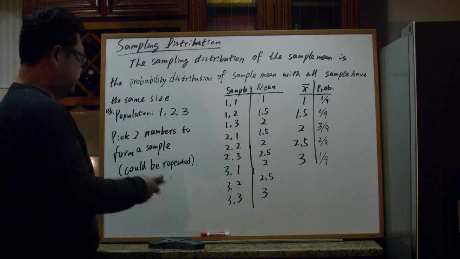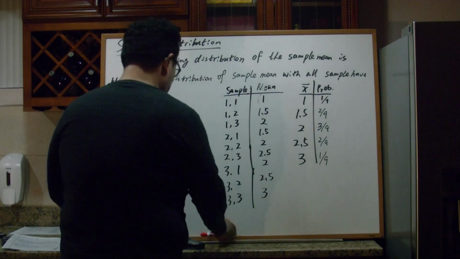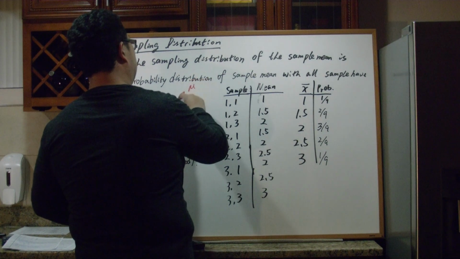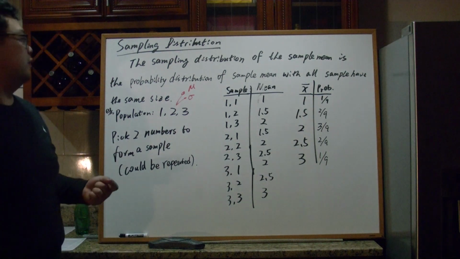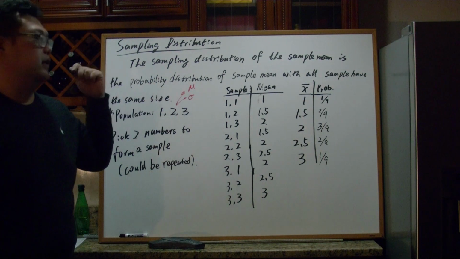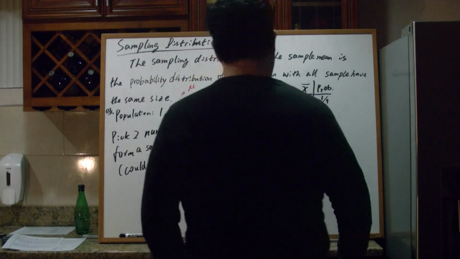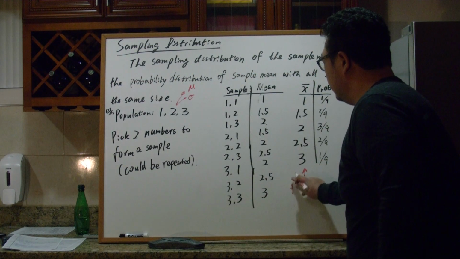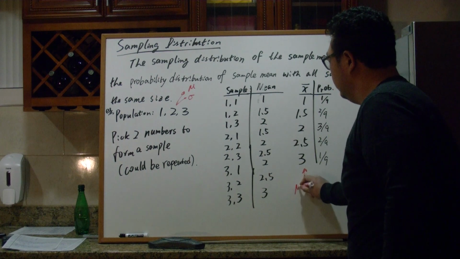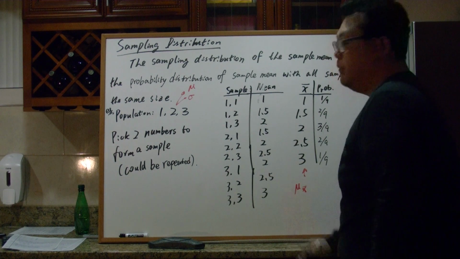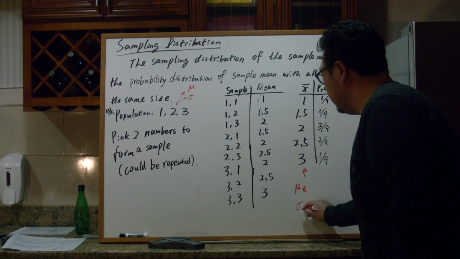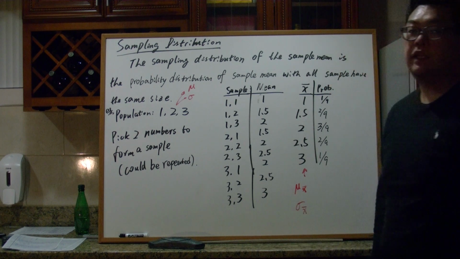Then of course, from the population we can find the population mean and the population standard deviation. You can try that using the formulas we discussed before. From this probability distribution, we can find the mean of the sample mean and the standard deviation of the sample mean.